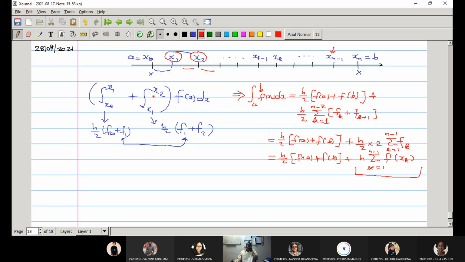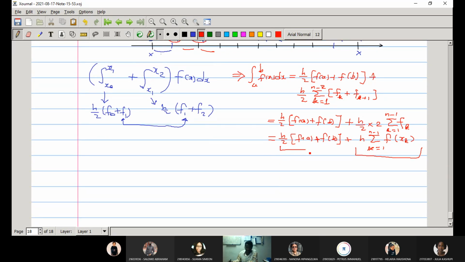Now the end points, f of x0 and f of xn, are also grouped here. So these are the boundary points, and these are the interior points. You see, it makes life easier.